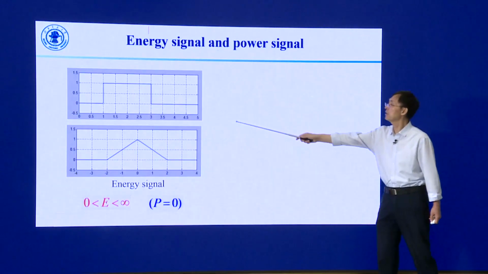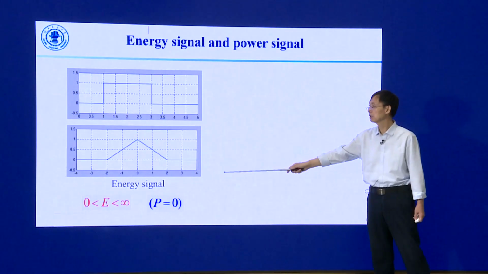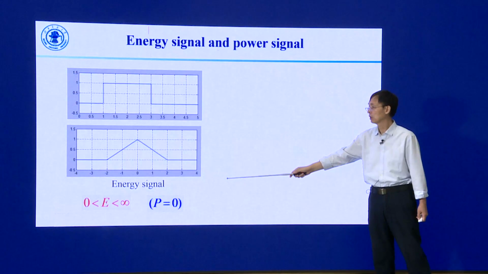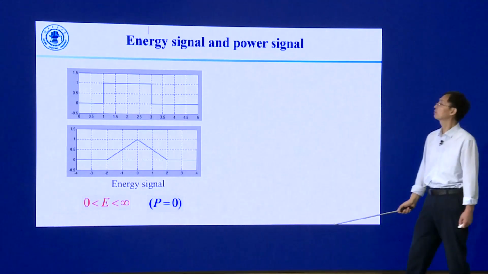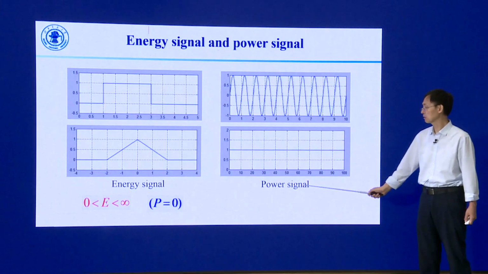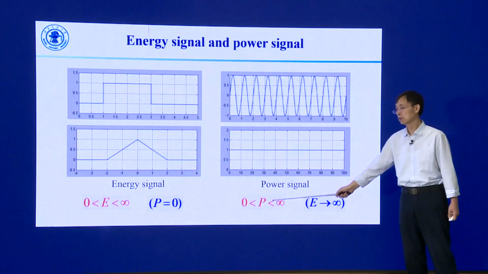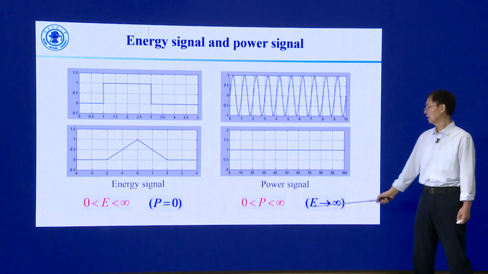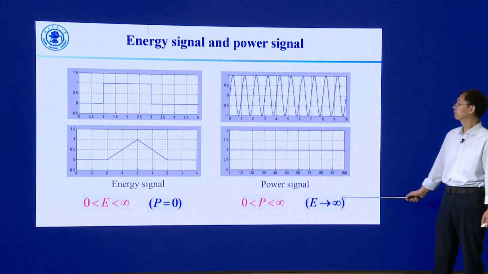These are energy signals because their energy E is finite and their power equals 0. These signals are power signals because their power P is finite and their energies are infinite.